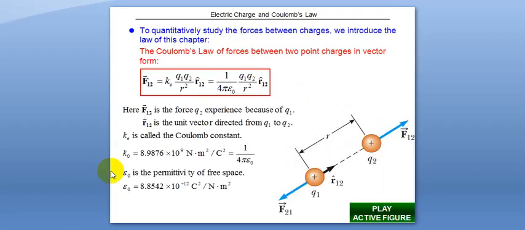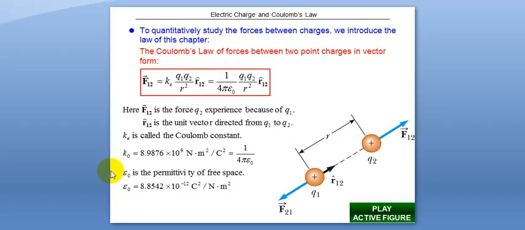Coulomb is the unit of charge in the SI system. In this equation you can see F equals k Q1 Q2 over r squared. The value of k is a constant in this process, and the value of k is 1 over 4 pi epsilon naught.